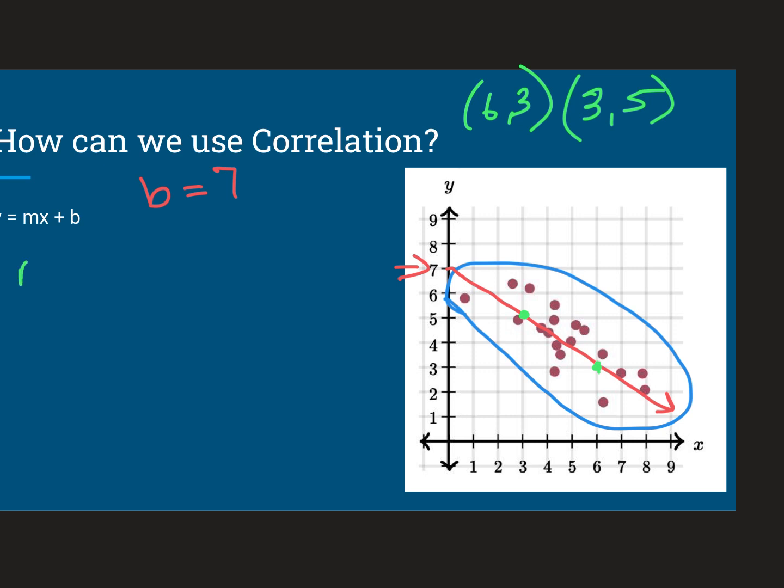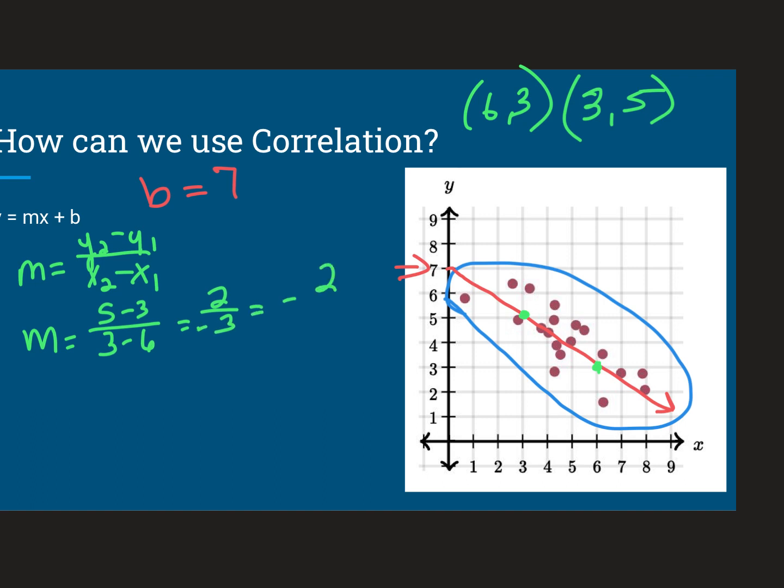So again, our slope is m equals y2 minus y1 over x2 minus x1. So in this case, m equals 5 minus 3 over 3 minus 6. 5 minus 3 is 2. 3 minus 6 is negative 3. So my slope is negative 2 over 3. My b was 7.